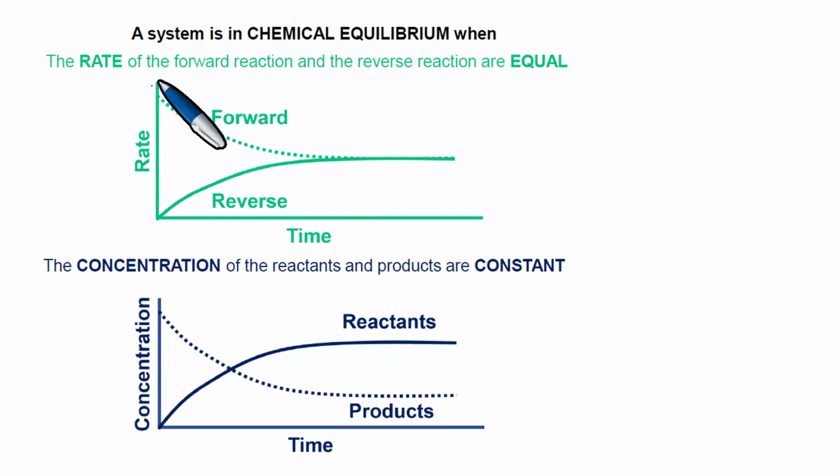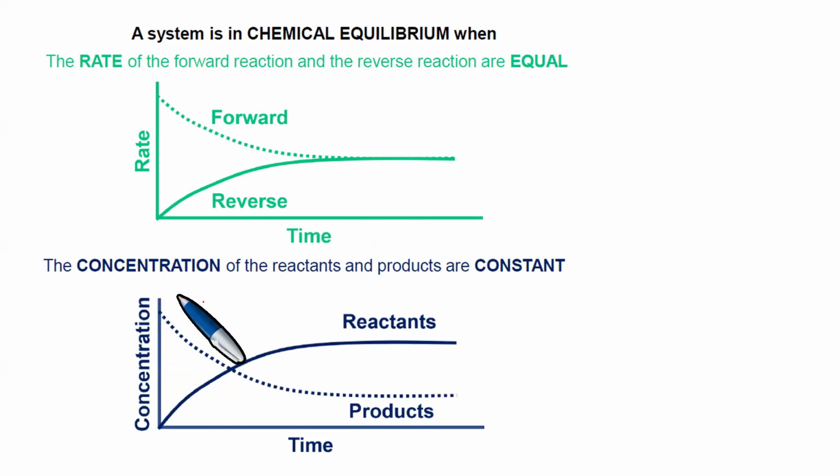When the rate of the forward and reverse reactions are equal, meaning at the time that these converge together, then we have what we call chemical equilibrium. Let us continue and analyze more concepts.